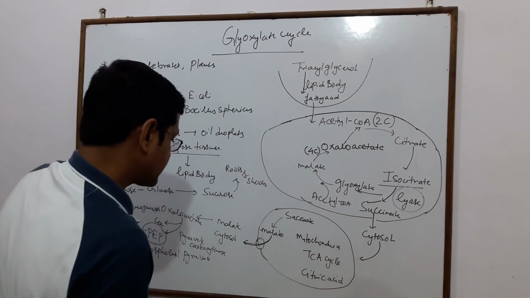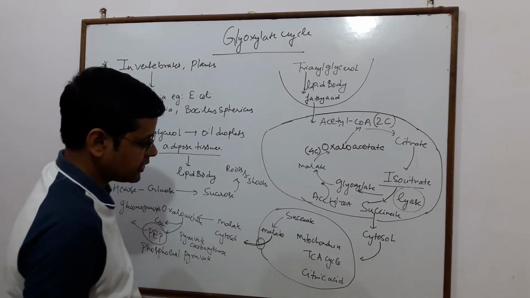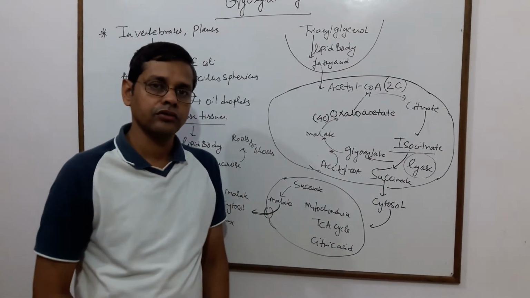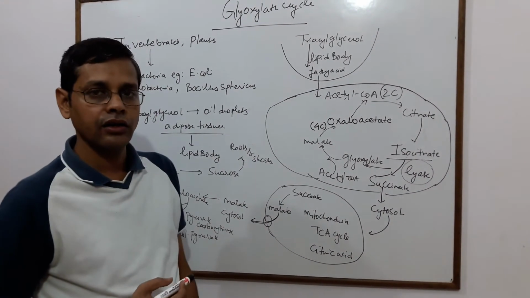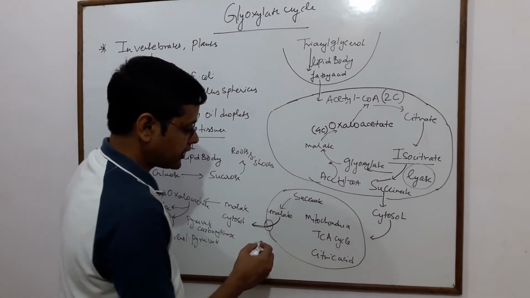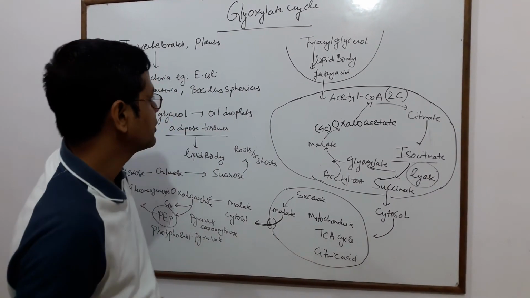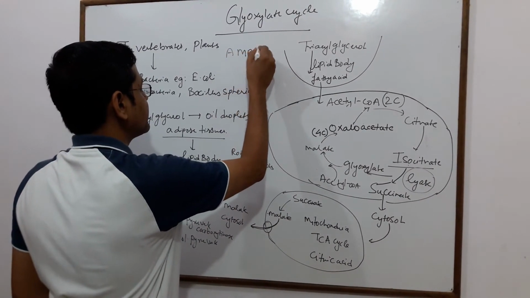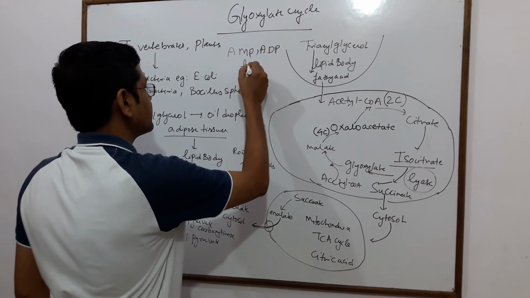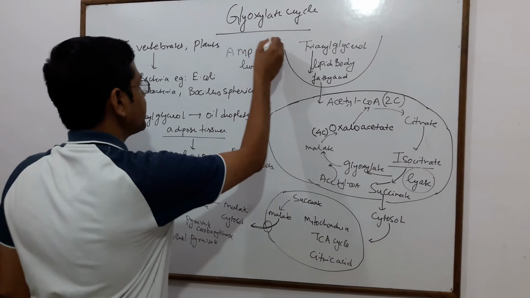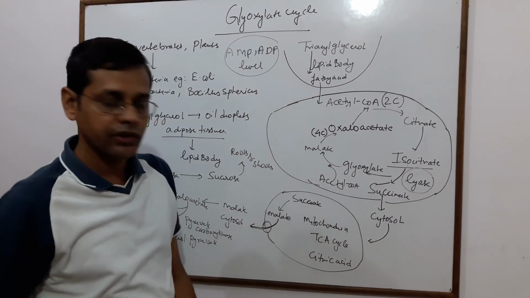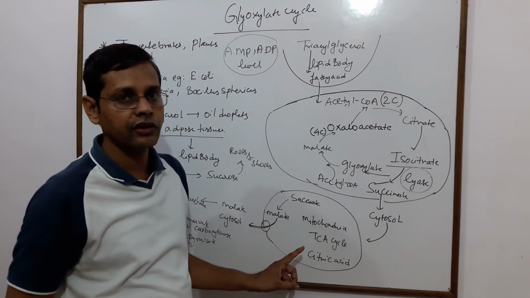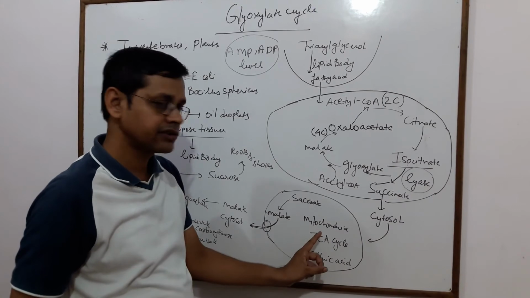And another one is the other intermediates of citric acid. So intermediates of the TCA cycle and glycolytic intermediates, as well as AMP and ADP level, intermediates of the citric acid cycle like fumarate, malate, oxaloacetate, citrate.